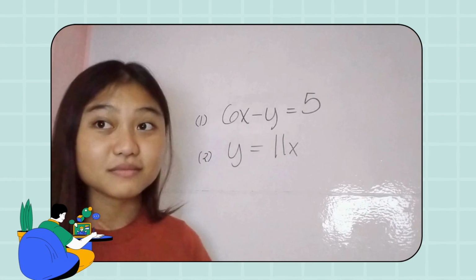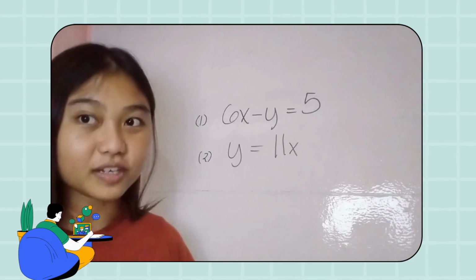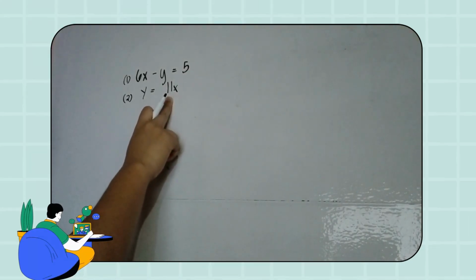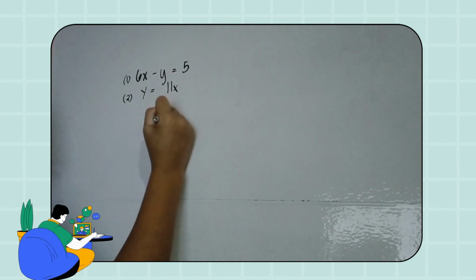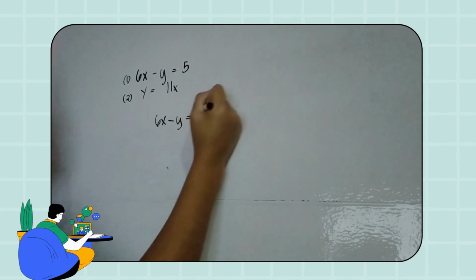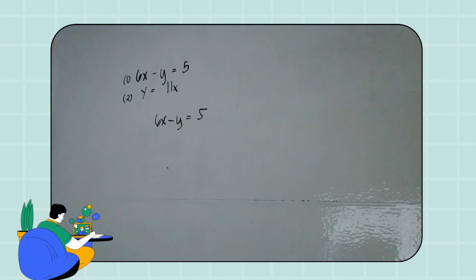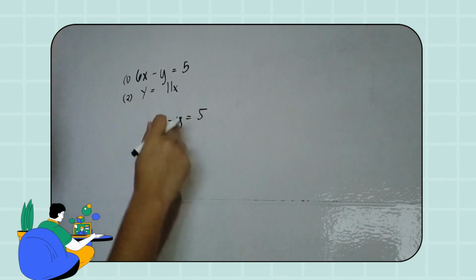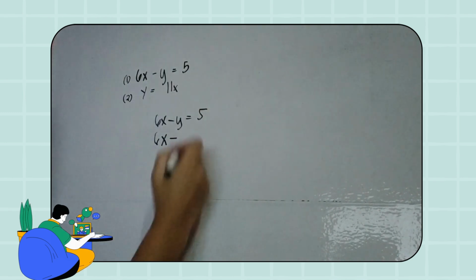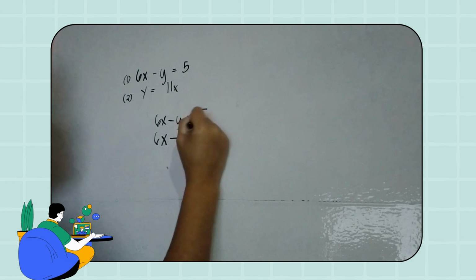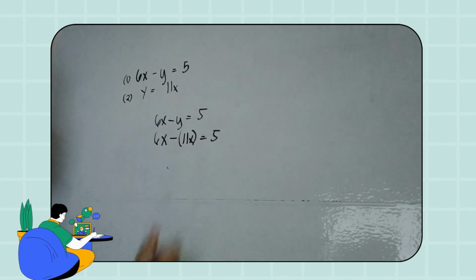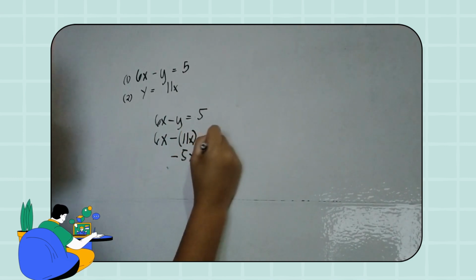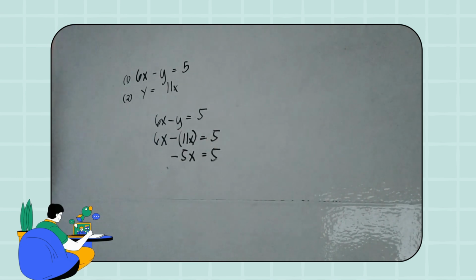That makes sense, right? Now, let's get into the process. First, substitute y equals 11x into the first equation, 6x minus y equals 5. As a result, we have 6x minus y, which will be substituted with 11x, equals 5. 6x minus 11x is negative 5x equals 5.